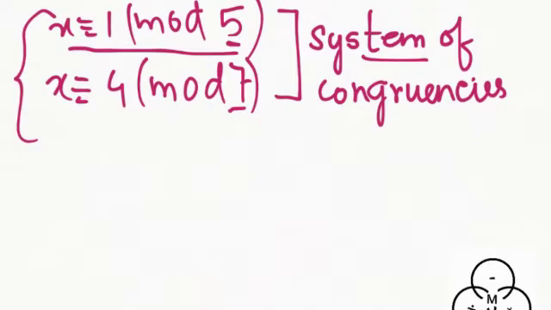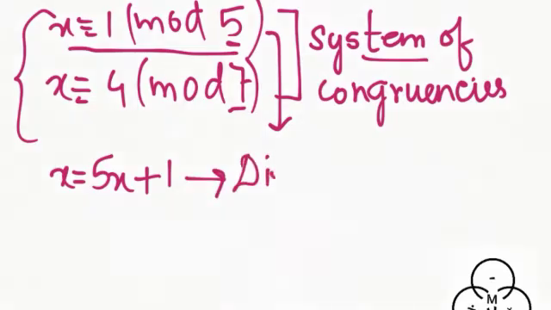This means that when x is divided by 5, the remainder is 1, right? So can we write this as an equation? x equals 5p plus 1, right? We can, by the division algorithm that you have studied in earlier classes.